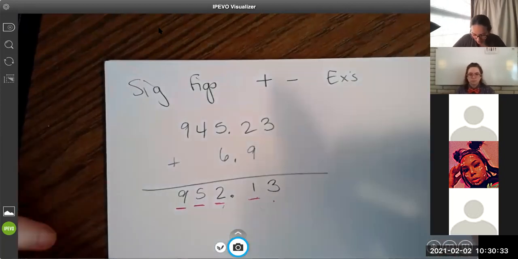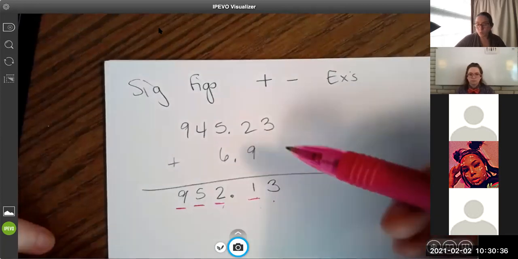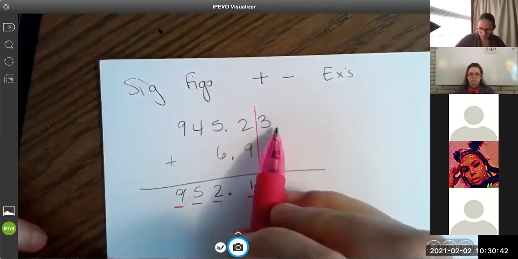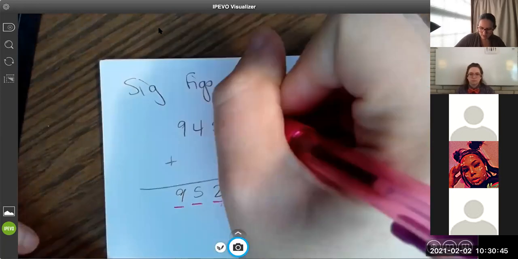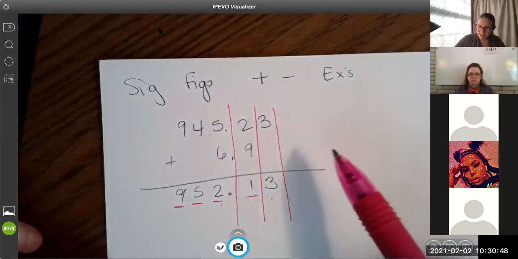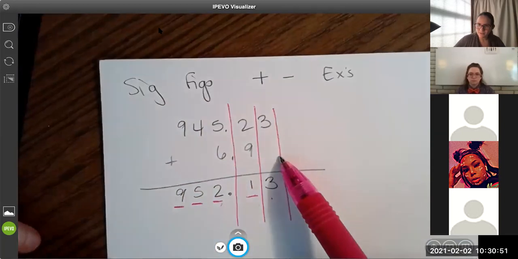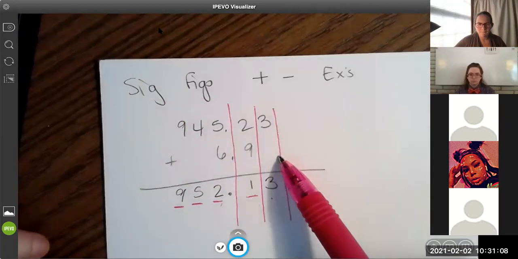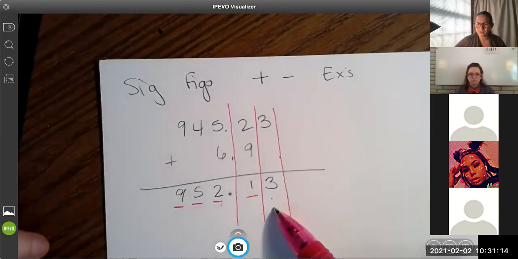So we'll check our starting numbers, and we have a significant number in this number, and do we have a significant number right here? No, we don't. There's nothing written there. There's no significant number there at all. So if there's no significant number there, do we know what this is?